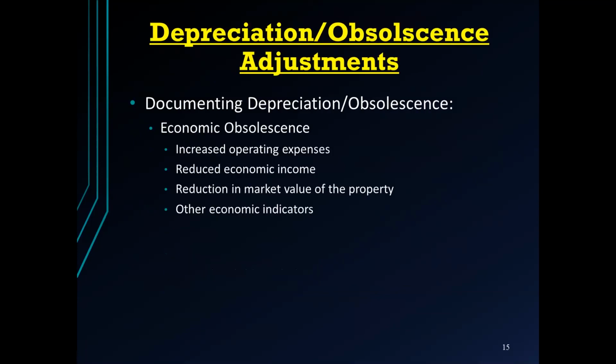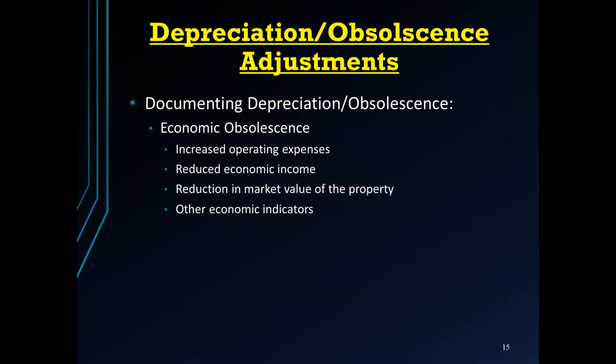And then documenting economic obsolescence. You could look at increased operating expenses. You have to be careful here, because what we're really trying to get to is the personal property being subject to economic obsolescence, and a lot of the indicators you can look at also involve larger economic and business considerations that may or may not directly relate to the value of the personal property.